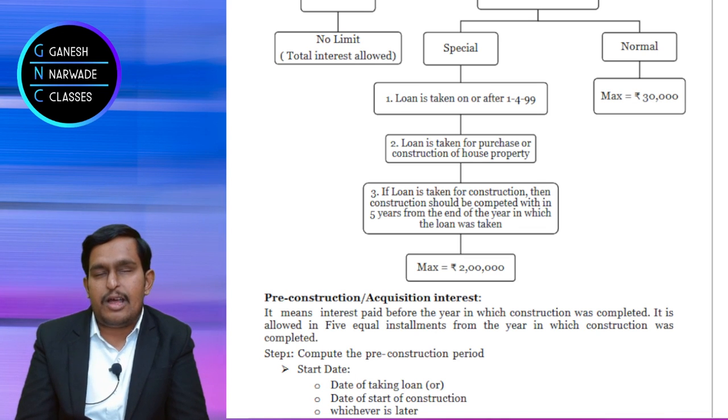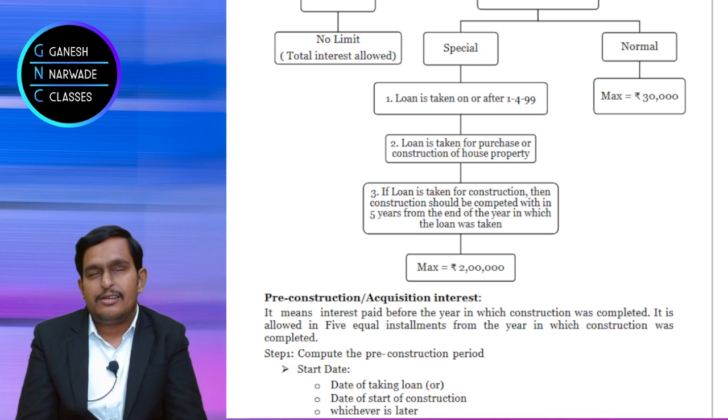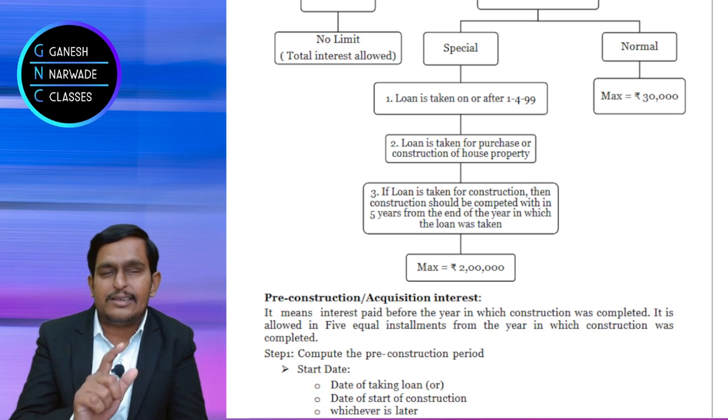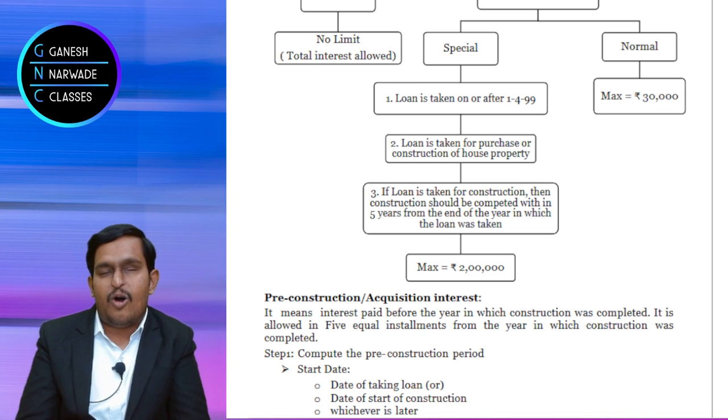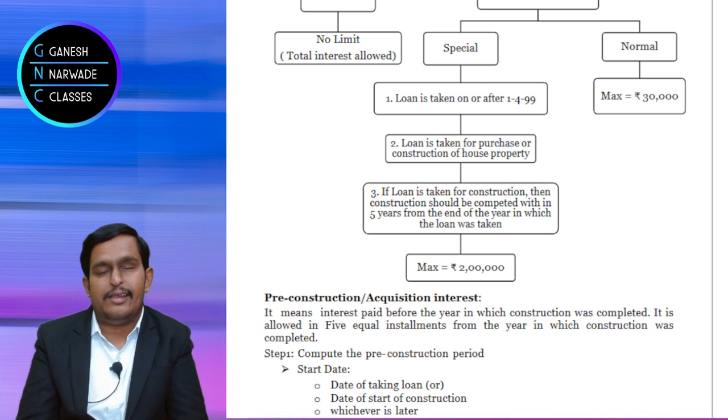Your actual interest or 30,000, whichever is lower, will be allowed as deduction. Simple as that. Okay sir, we understood.